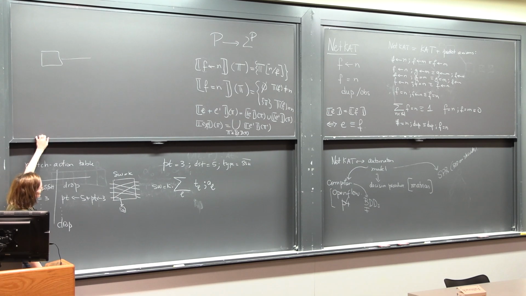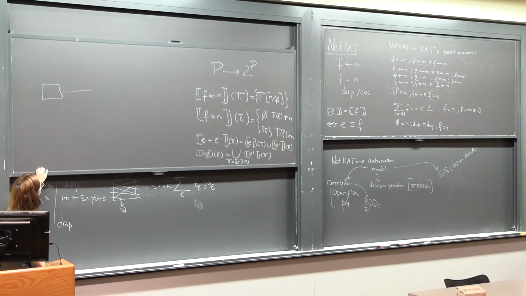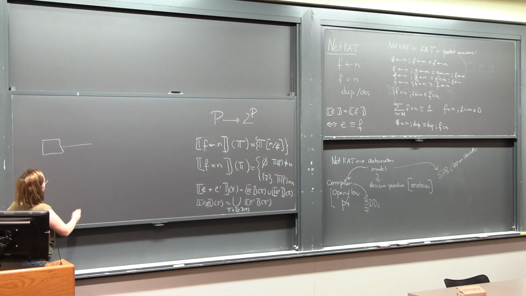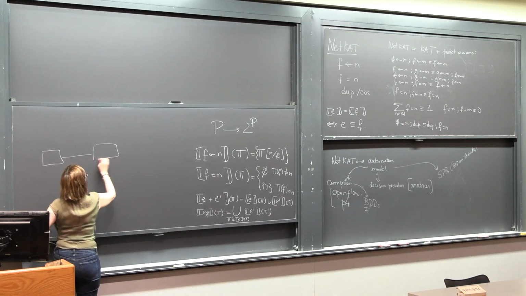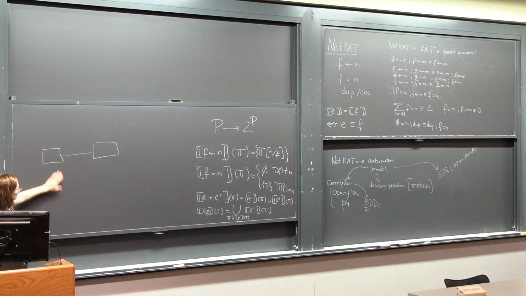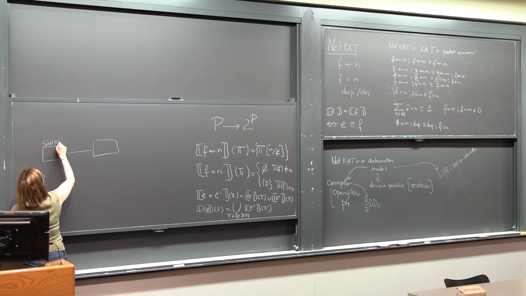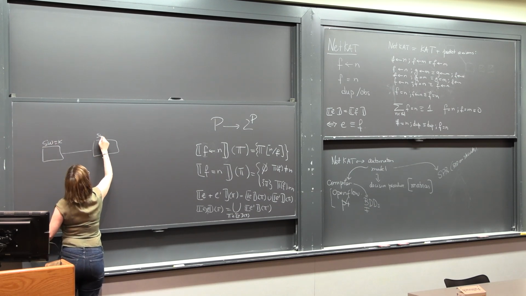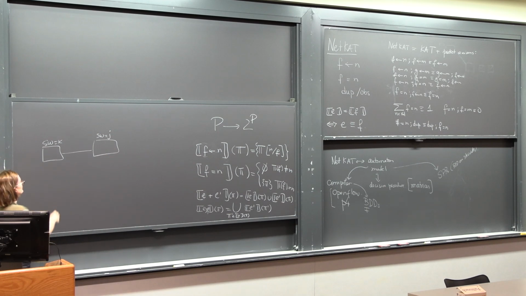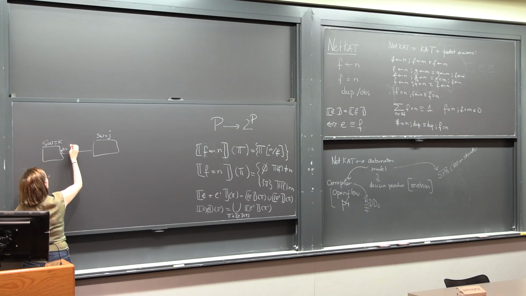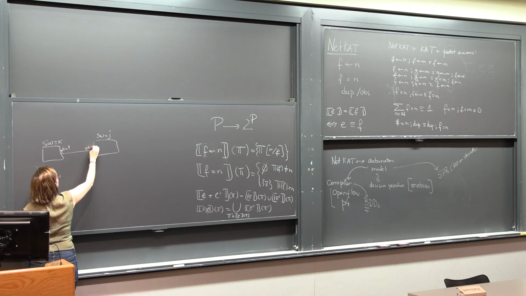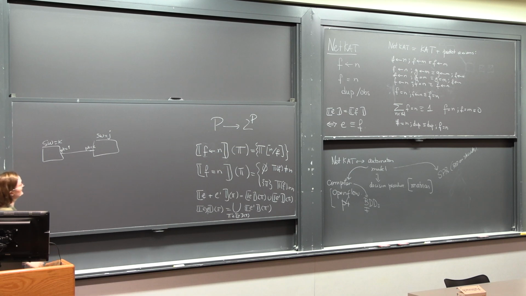Right, so now we know how to encode the boxes. And now these boxes are connected by some wires, some topology. So let's imagine that this is box K, and this is box J. And they are connected on port 1 and port 2. Okay?